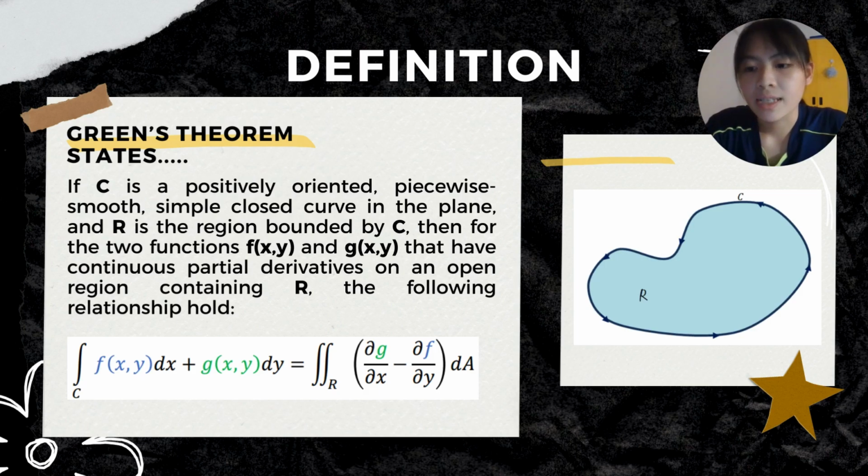This formula represents Green's theorem. If we want to find the area of the simple curve that has a line integral, we can rewrite the line integral as a double integral using the partial derivatives of the f and g functions. We can see that the path of the curve is in the counterclockwise direction.